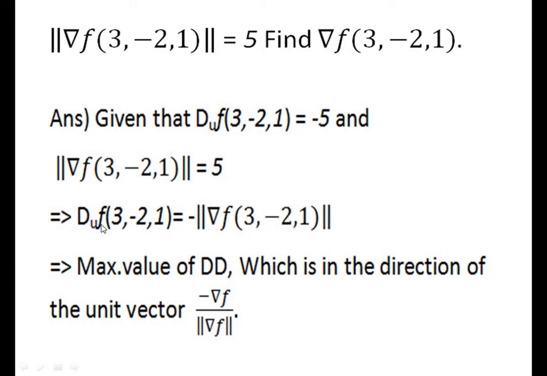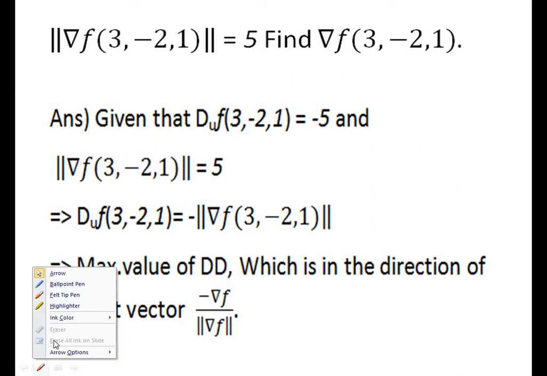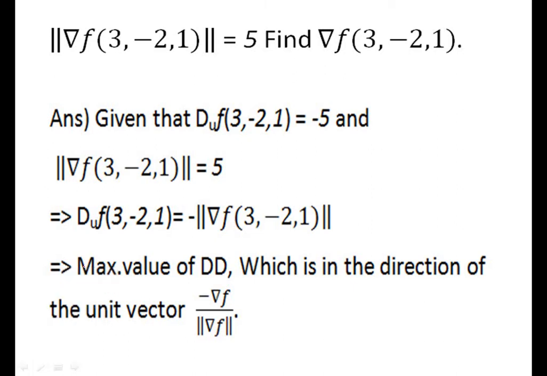Then we get Du of f equal to minus norm del f, which is not the maximum but the minimum value of the directional derivative. We already studied that minus of norm del f is the minimum value of the directional derivative, which is in the direction of the unit vector minus del f by norm del f.